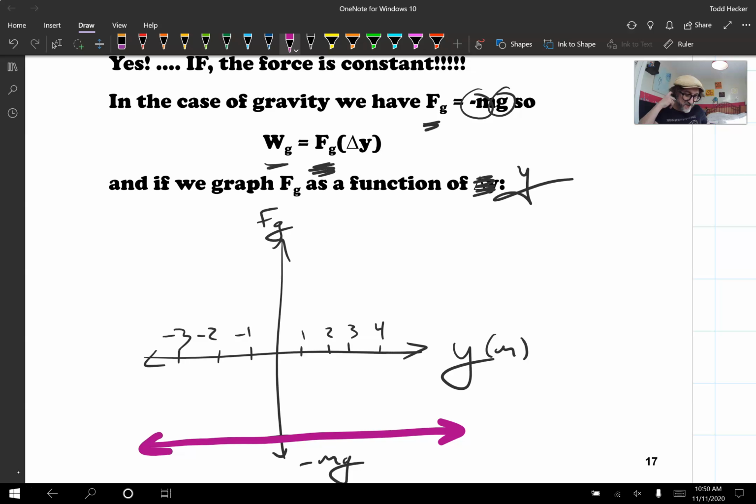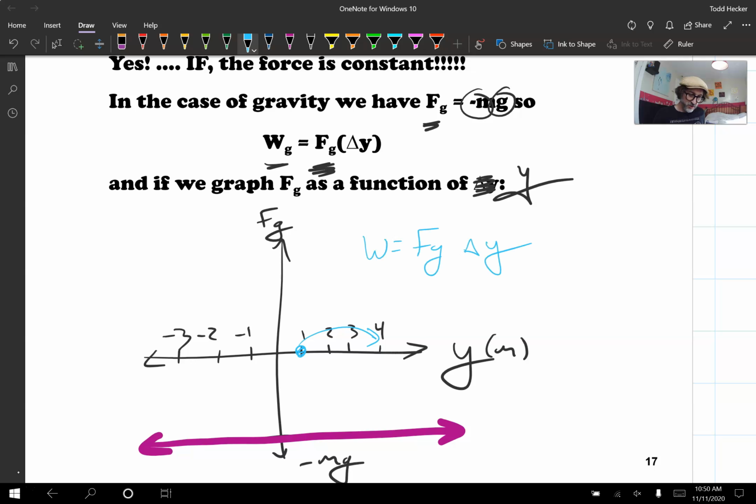It's constant. Suppose I move my object from a position of 1 up to a position of 4. Then the work would be my force of gravity times my change in position. Here my change in position is 3, times my force of gravity, negative mg.